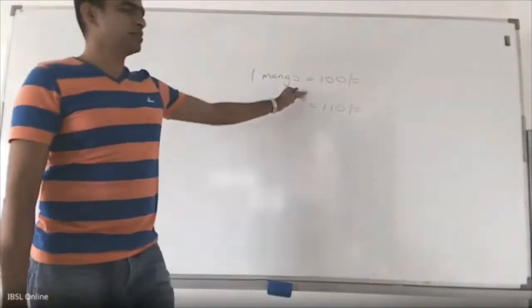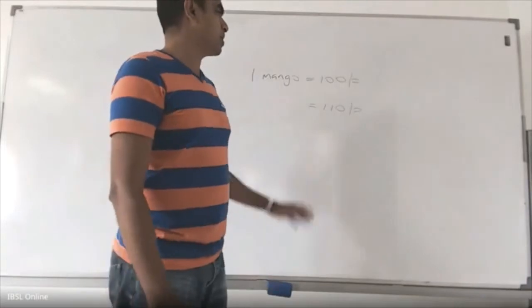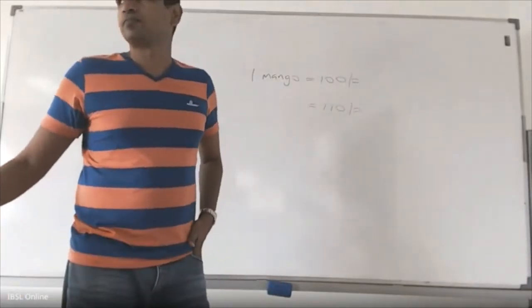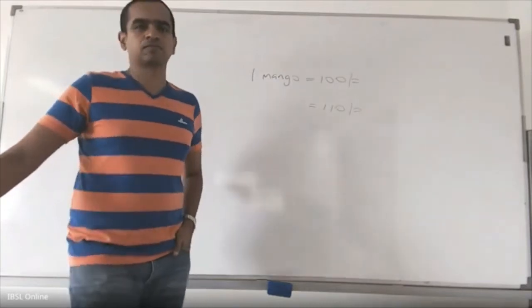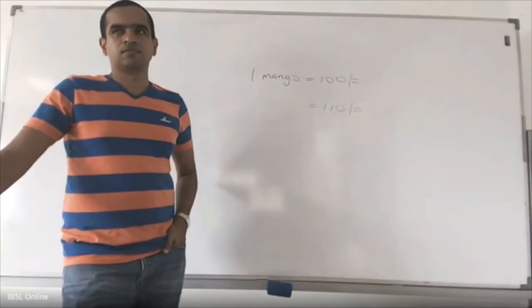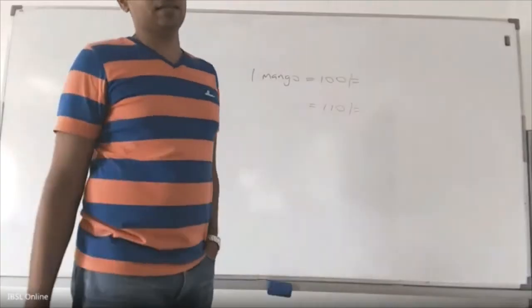So the first day the price is 100, next day it goes to 110. What do you think would have happened? The price of a mango has gone up or gone down? Gone up, exactly.